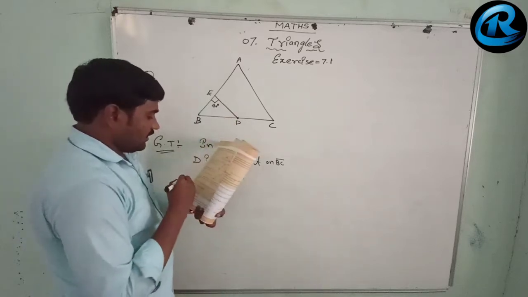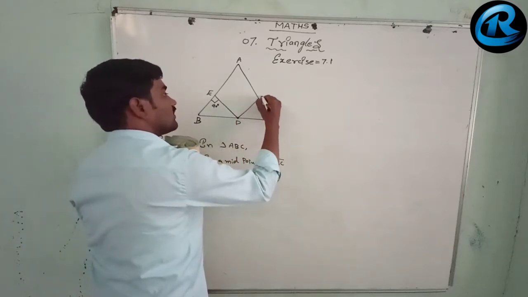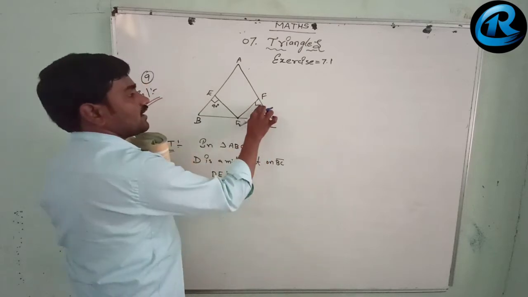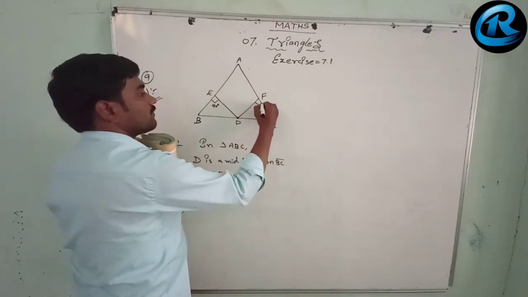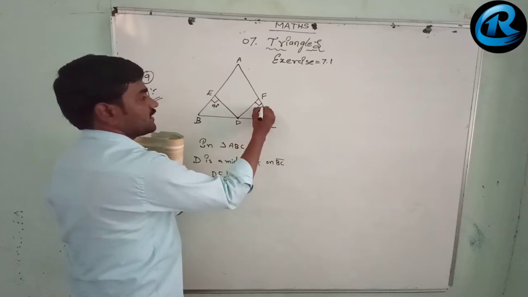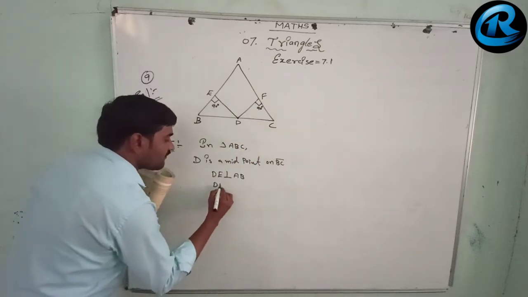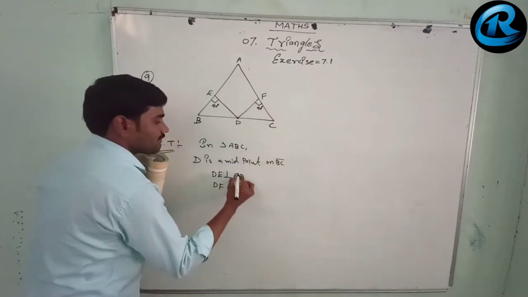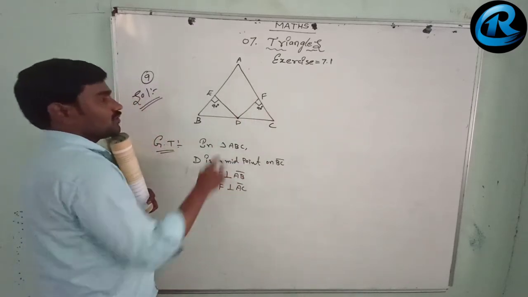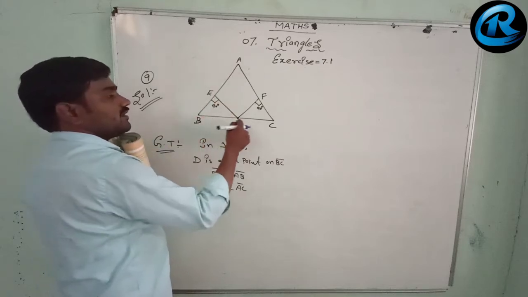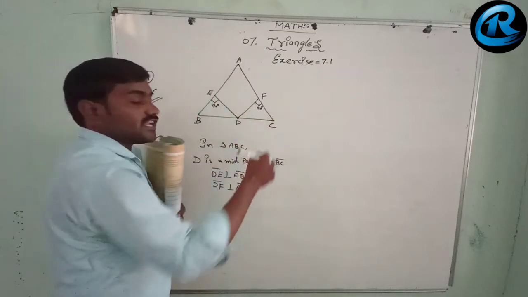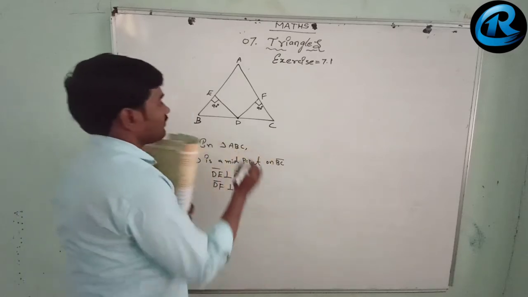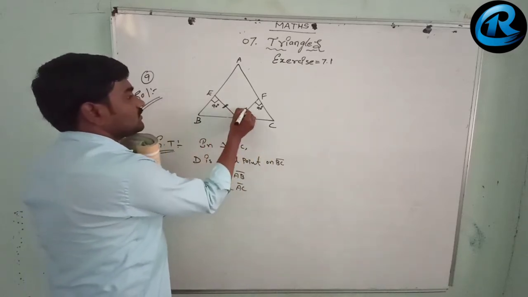Then DF is also perpendicular, it also makes 90 degrees. So DF is perpendicular on AC. So DE is perpendicular on AB and DF is perpendicular on AC. Then DE is equal to DF.